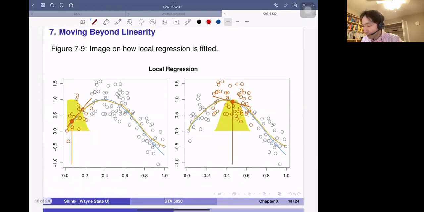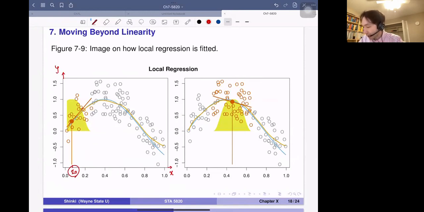Yeah, so this is an image on how local regression is fit. Suppose that we want to estimate the Y value. This is the X value, and this is the Y value. Given x naught, we want to estimate Y hat. How do we estimate it? At first, we select s.